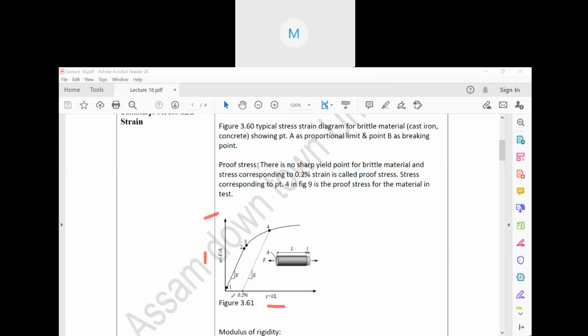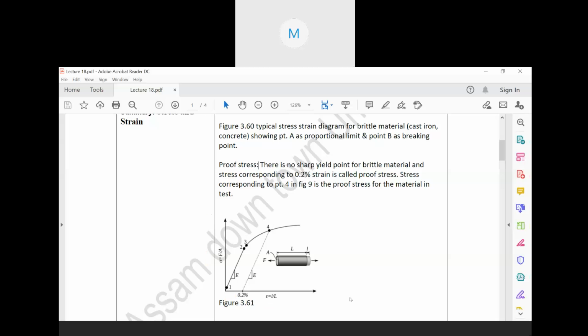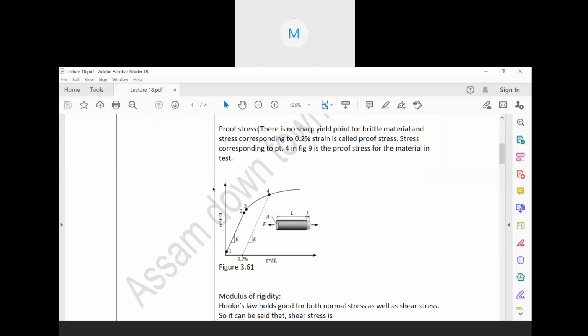The stress corresponding to 0.2% of strain is called proof stress of the material. Remember this. This is how the graph will look for proof stress, as shown in the figure.